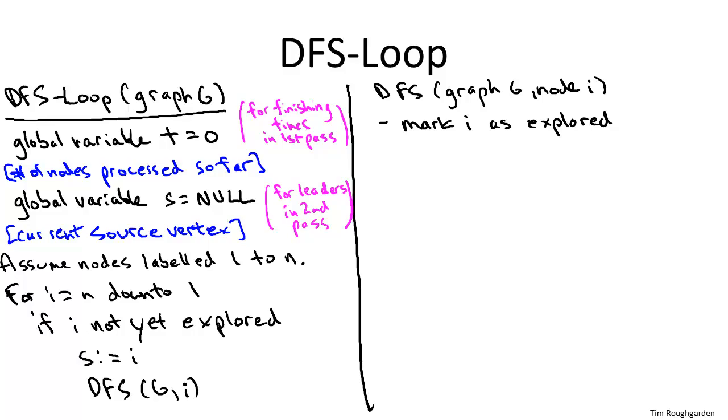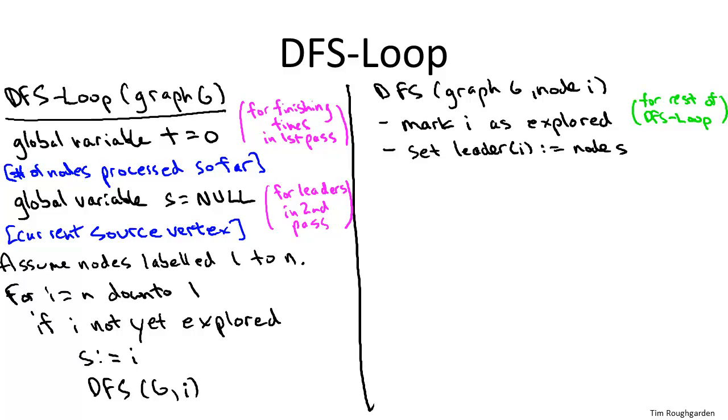Now, one of our bookkeeping jobs is to keep track of from which vertex the DFS that discovered i got called. So when i is first encountered, we remember that s was the node from which this DFS originated. And that, by definition, is the leader of i. And then we do what we always do with depth first search. We immediately look at the arcs going out of i, and we try to recursively DFS on any of those, although, of course, we don't bother to do it if we've already seen those nodes.